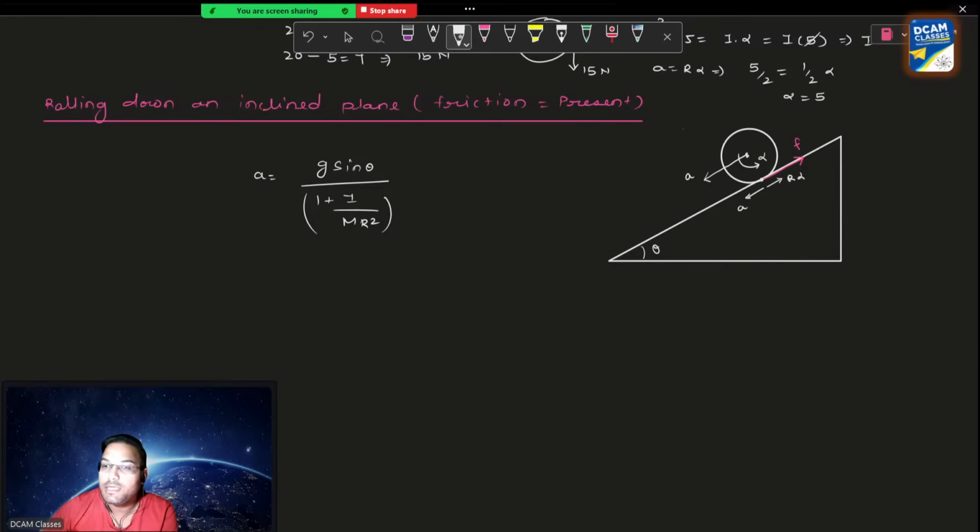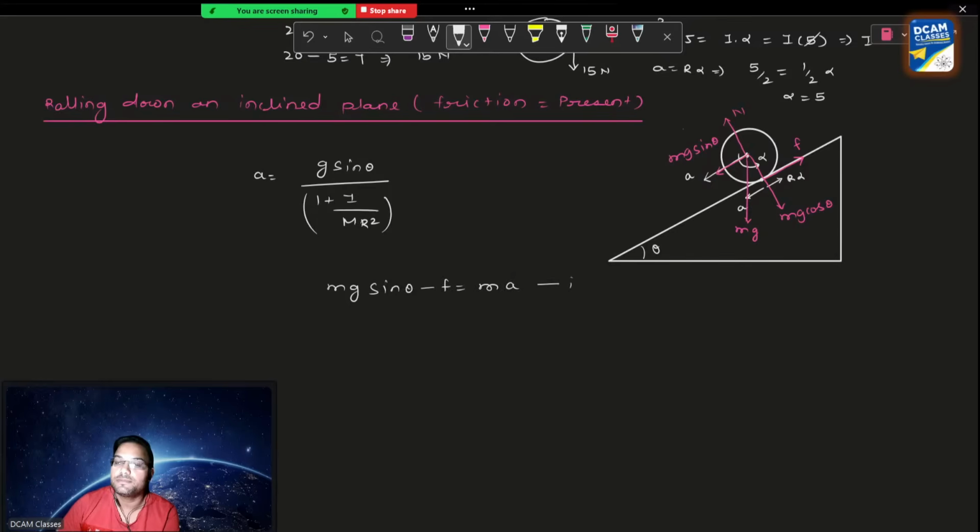So if I form the equations, there is mg acting downwards. One component of mg is mg cos theta here, and the other component of mg will be here, mg sin theta. And obviously there is a normal reaction also. So if we take along the plane, there will be the equation mg sin theta minus F is equal to m into a.